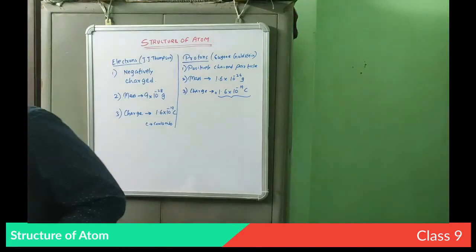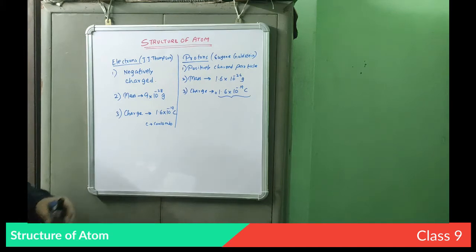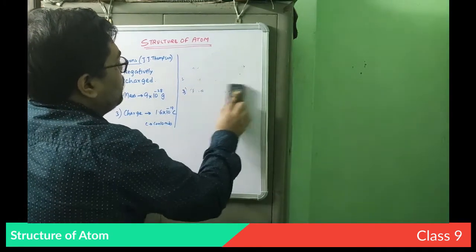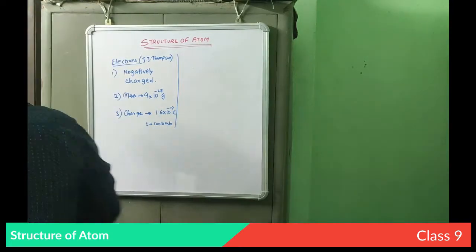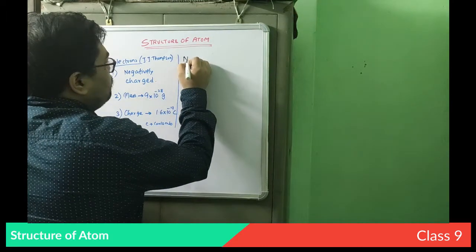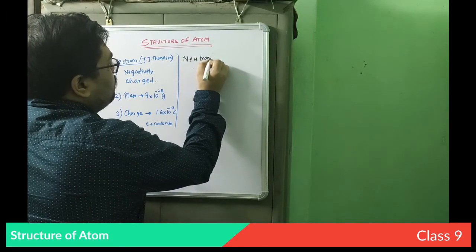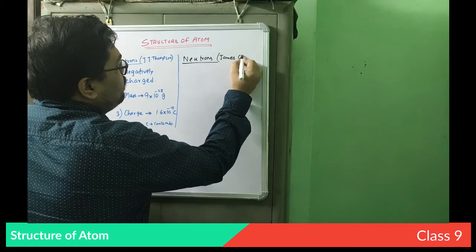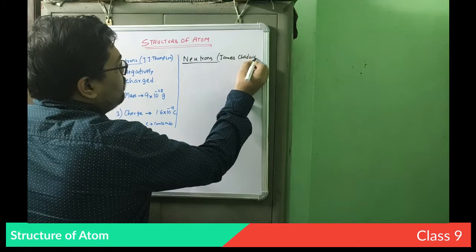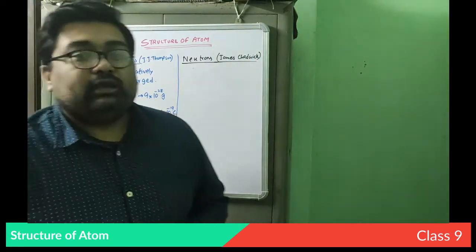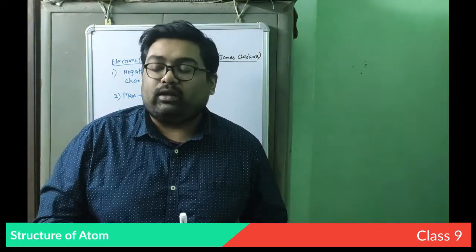Now we move on to the next type, that is neutrons. Neutrons were discovered by James Chadwick, who showed the existence of neutrons inside an atom.